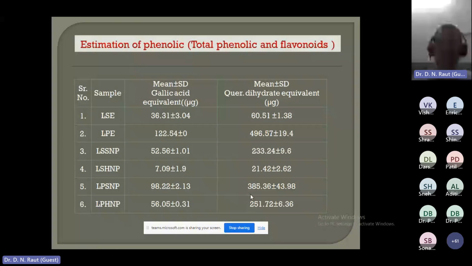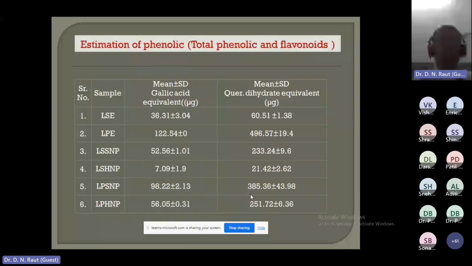So this was the study in which we used this type of experiment. We detected the phenolic compounds, that is gallic acid equivalents as well as quercetin equivalents, by well-known methods, and we removed them, and again we tried to prepare the formulation, but it couldn't form.